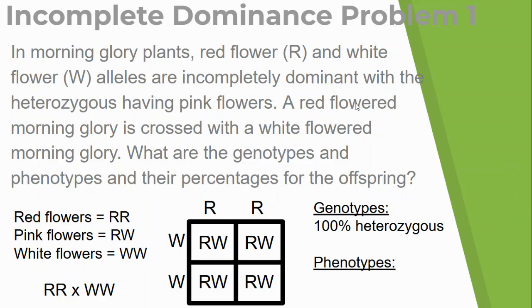And for phenotypes, RW codes for pink flowers, so 100% of the baby plants will have pink flowers. What's nice about doing step 1 in this fashion is that when you're doing step 4, looking at the genotypes and the phenotypes, especially the phenotypes, these are defined for you in step 1.